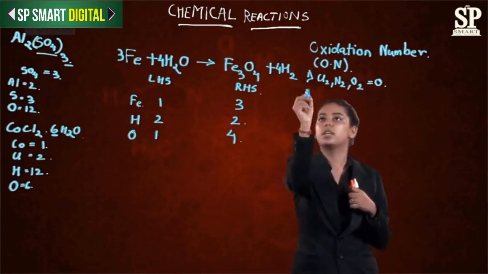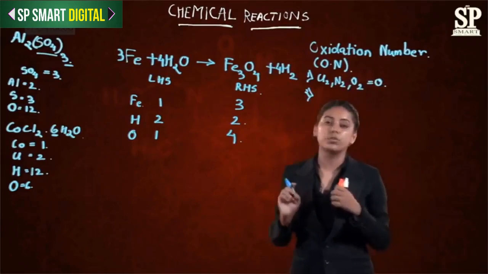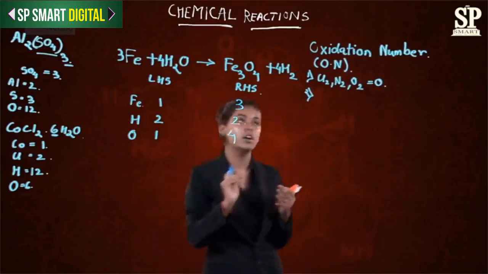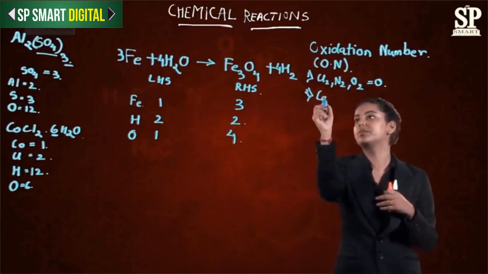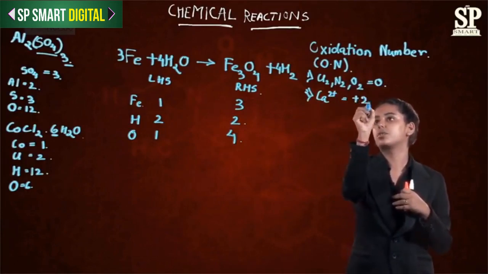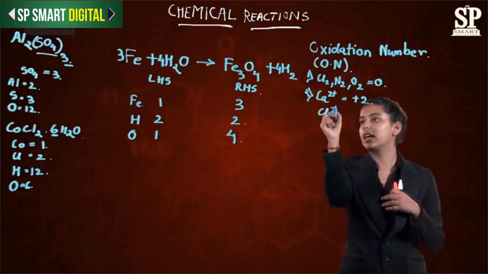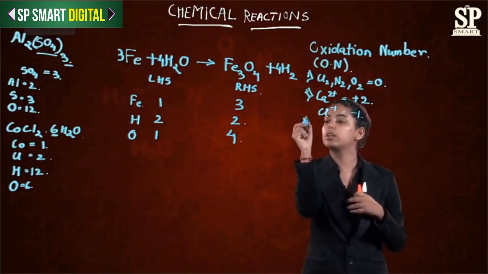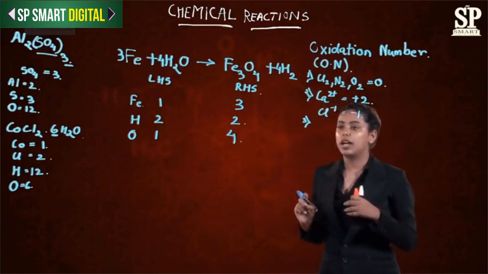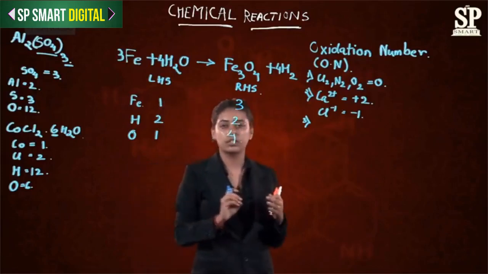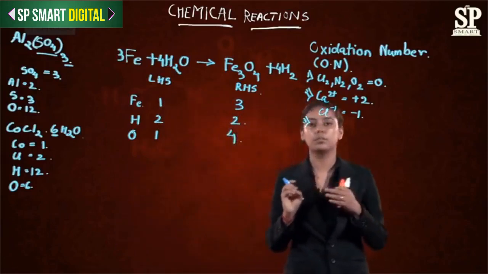The second one being that the oxidation number in case of a monoatomic ion is equal to the charge present on the ion. For example, for calcium, the oxidation number here is +2. For chloride ion, the oxidation number is -1. The third one being when hydrogen is combined with a non-metal, in that case the oxidation number of hydrogen will be positive.